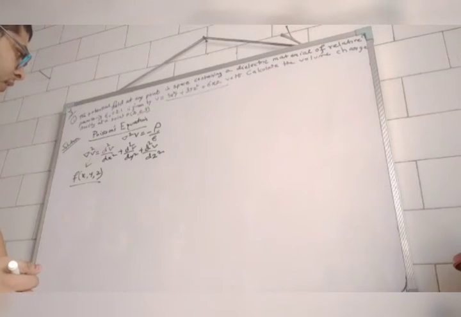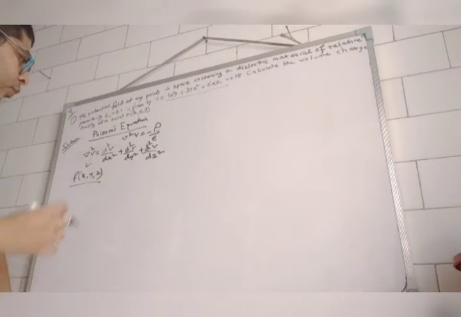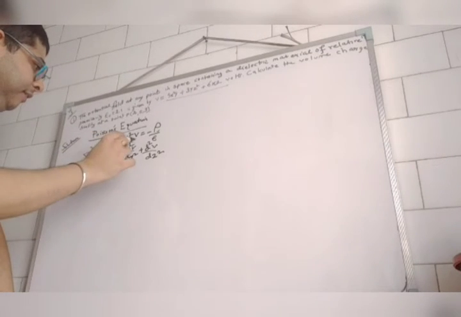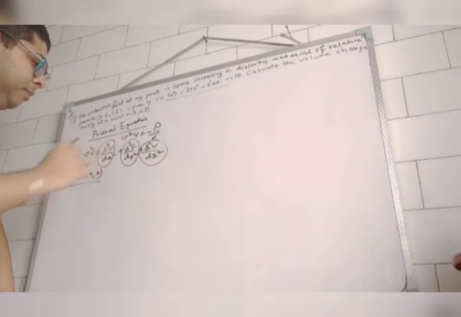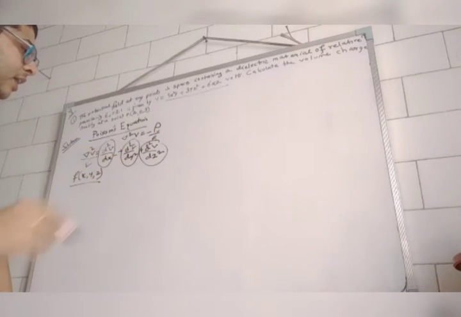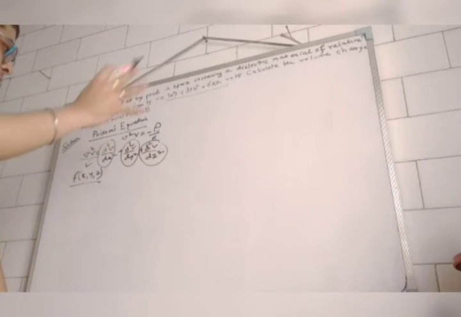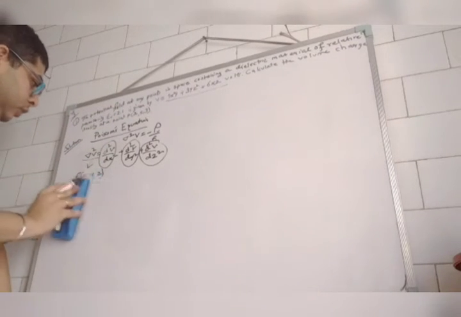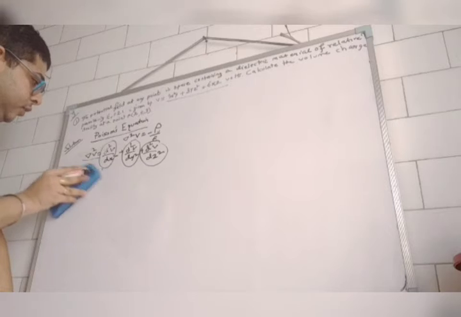Now you can see what you need to do. You need to calculate these terms individually, sum them up to get this value, and then multiply with the permittivity, and you will get the volume charge density. So this is our problem.